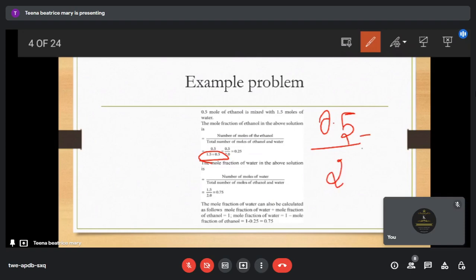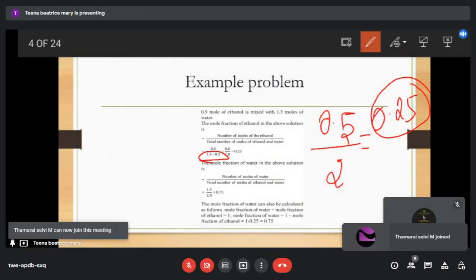So you know the calculation, 0.5 divided by 2 is equal to 0.25. So what is this actually? The 0.25 is the mole fraction of ethanol. Yes, mole fraction of ethanol. Now we know the mole fraction of ethanol.